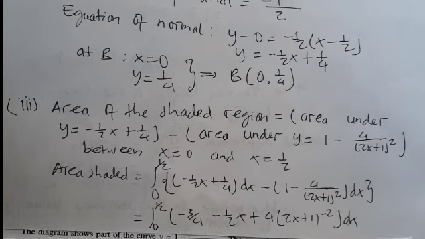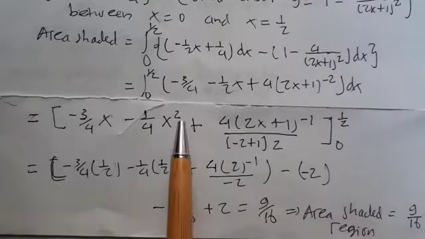Thus 1 over 4 minus 1 is minus 3 over 4, then minus half x, minus times minus 4 over (2x+1) squared, that is plus 4 times (2x+1)^(-2) dx.